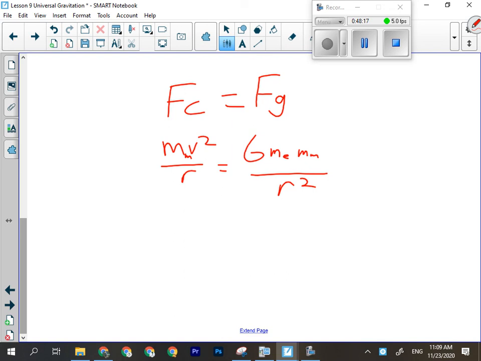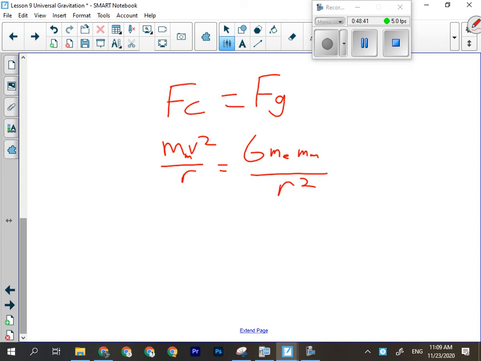All things still fall at the same rate. It's the rate that changes. So it doesn't matter whether I have the moon out at the moon's distance or a basketball. It'll have to move at the same speed because that speed is not dependent on its mass. It's dependent on the Earth's mass and how far apart they are.